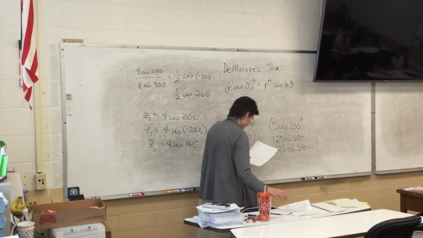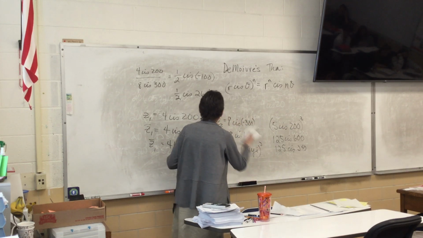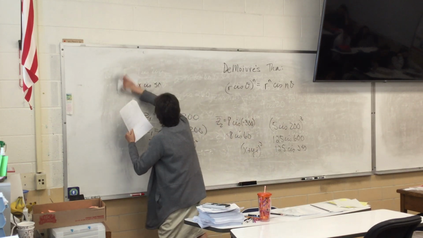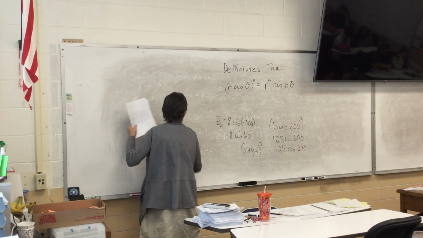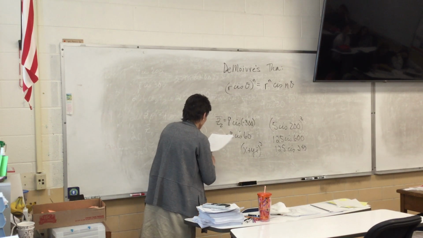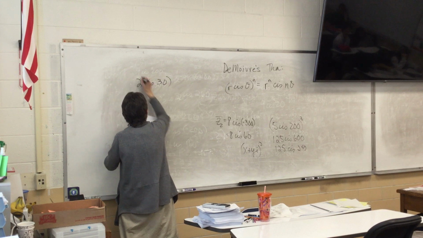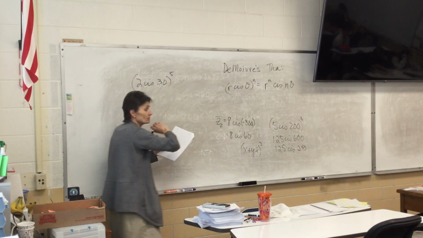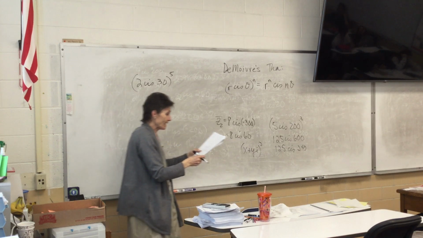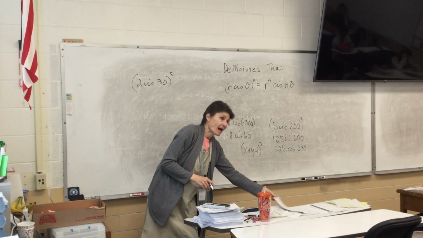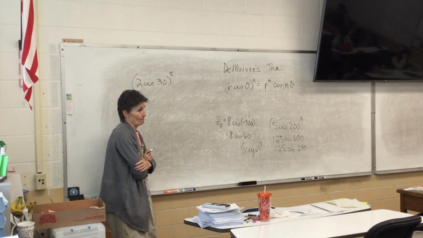All right, one more of these, and then we're gonna branch out a little bit. We're gonna raise this guy to the 5th power, and we are gonna answer in exact complex form.